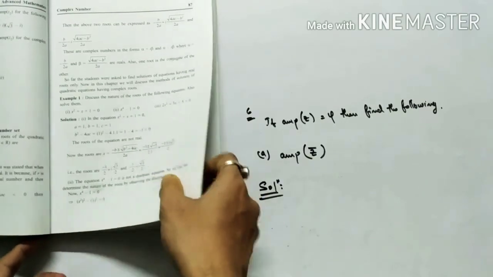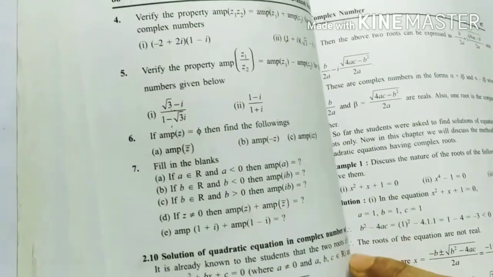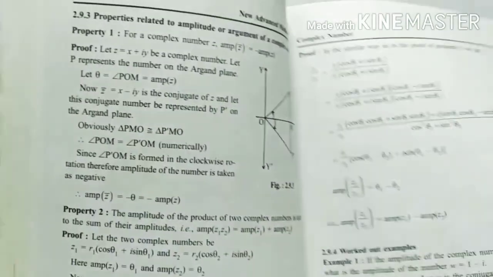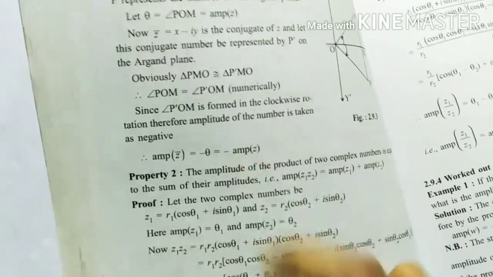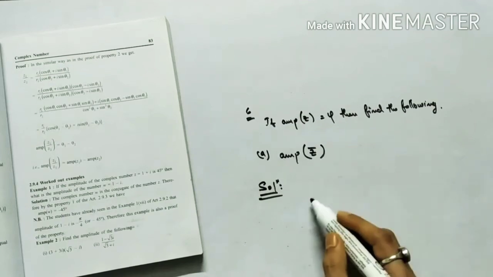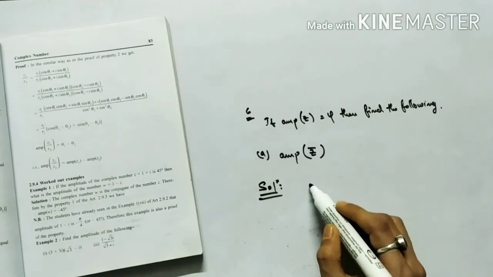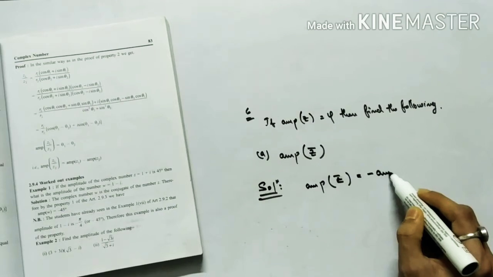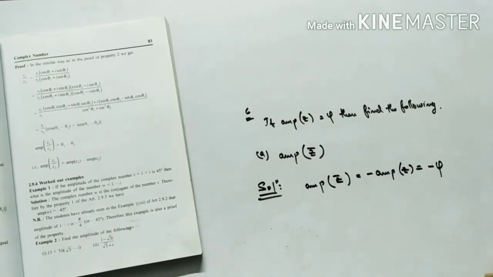It is given in your book: amplitude of Z bar is equal to minus theta, which is minus amplitude of Z. Since amplitude of Z is equal to phi, amplitude of Z bar is equal to minus amplitude of Z, which is minus phi.